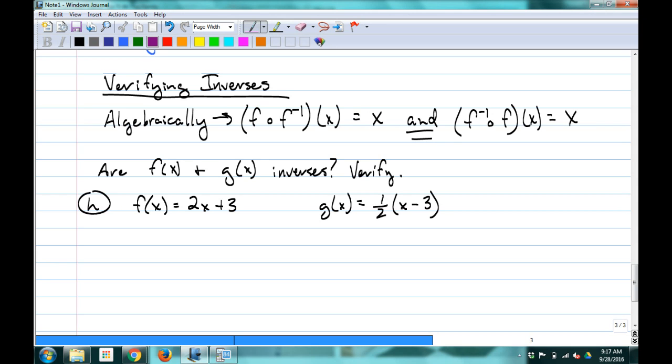But you got to show both of them to verify it. It's like in geometry, you guys had to do those proof things. This is one of those proof things. You're proving to me that those are inverses of each other by doing this. So let's do f composed with g of x. That means we're taking g of x and plugging it into f of x.